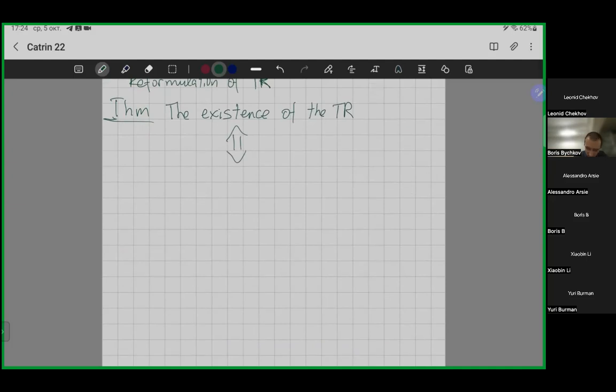So we have these global meromorphic one forms in each of the arguments of omega g,n.